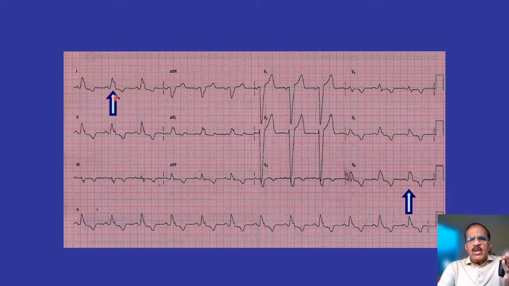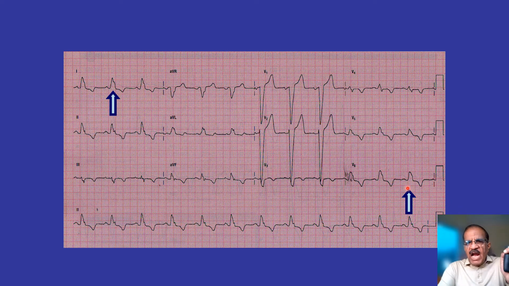That means smaller than or equivalent to 2.5 small squares. In this case, it is bigger. I'll again zoom in and show you the duration. And the morphology: see, in this case, we have an RSR pattern in limb lead 1. And also we have an RSR pattern in V6.